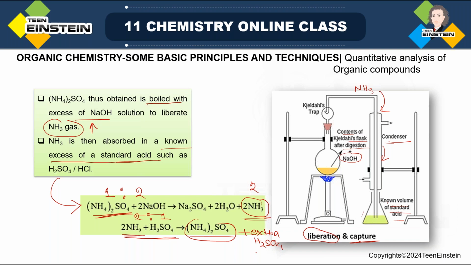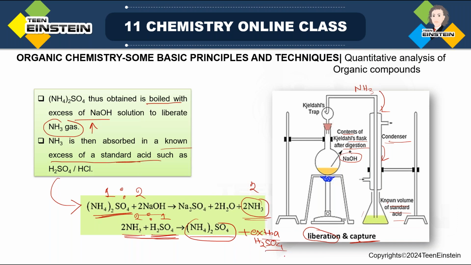Now this extra acid, if you back titrate with some base, then you will get to know the number of moles of this extra H2SO4. If you know this, you will also know the number of moles of H2SO4 actually consumed by ammonia, because you know the starting total number of moles of H2SO4.